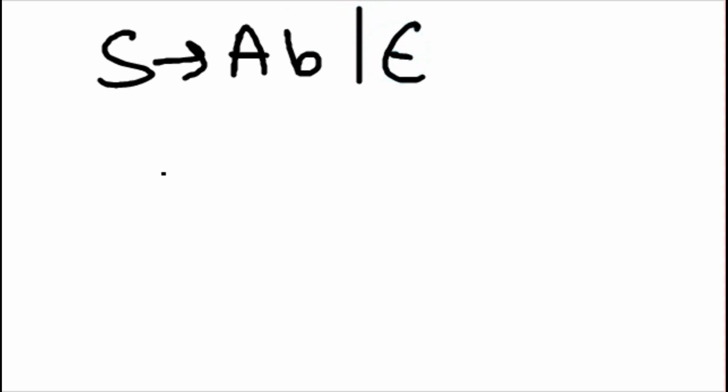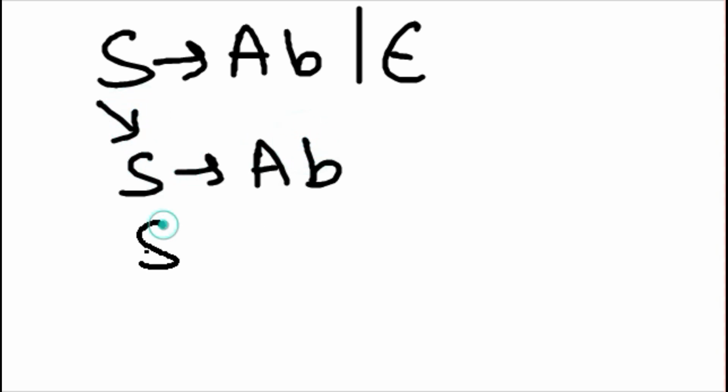Now let's take another example. S gives you A, small b, or epsilon. How do you solve this? When there is an OR symbol, you can divide this grammar into S gives you AB and S gives you epsilon.